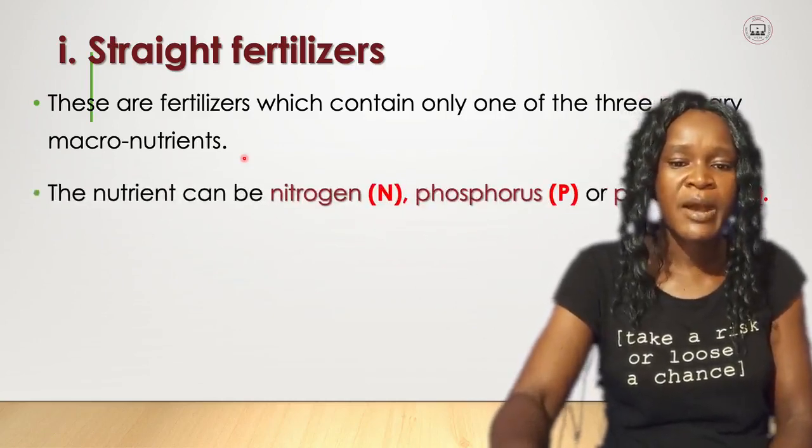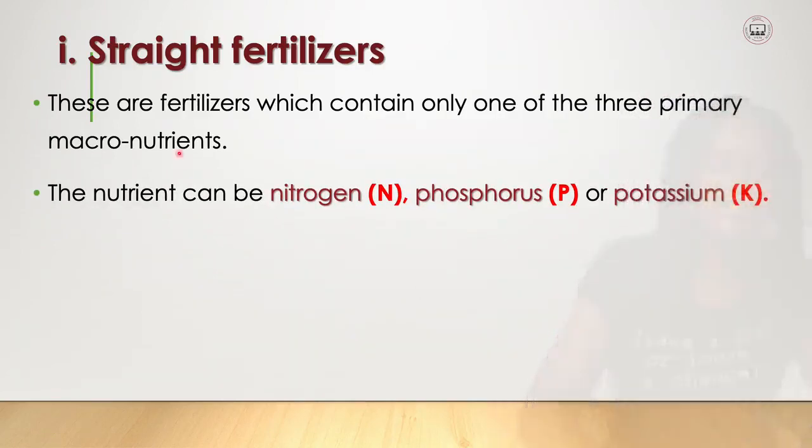On primary macronutrients, we have nitrogen, phosphorus, and potassium. So when we say straight fertilizers, we are talking of those fertilizers which contain only one of the three primary macronutrients.